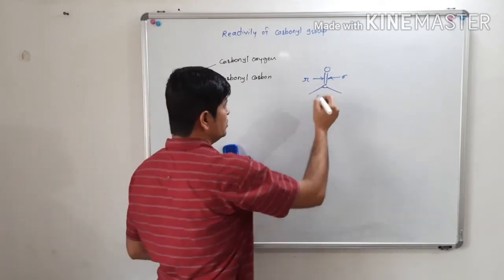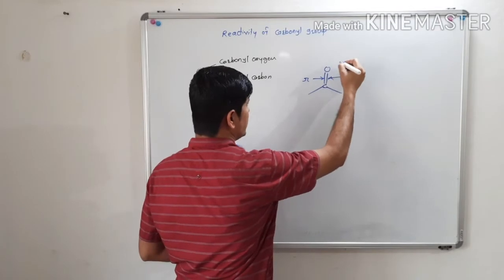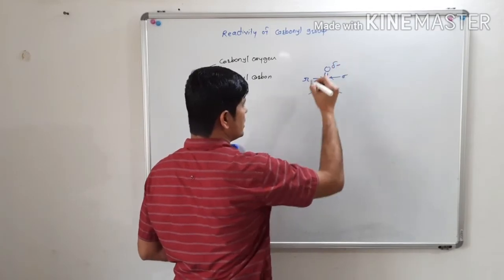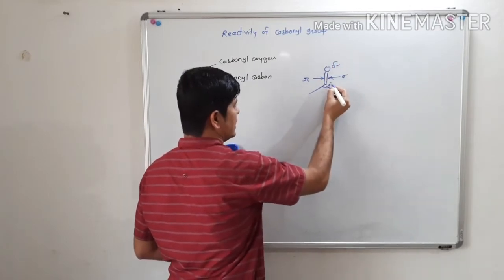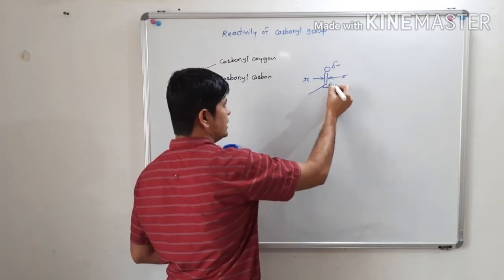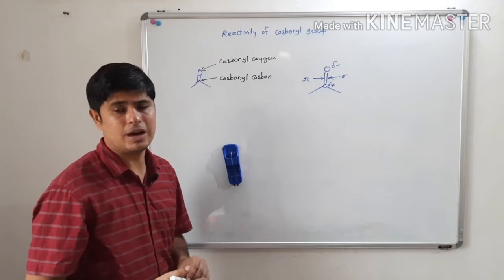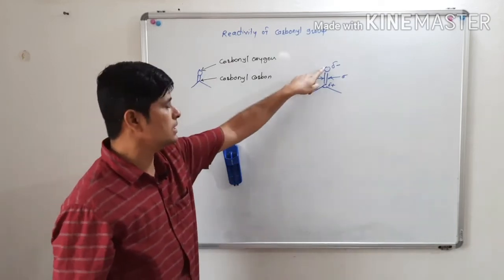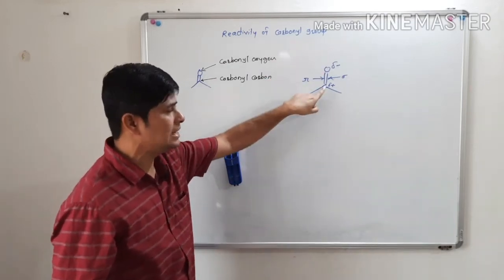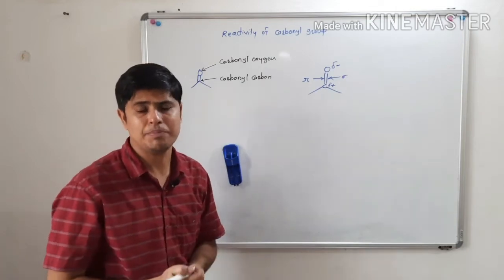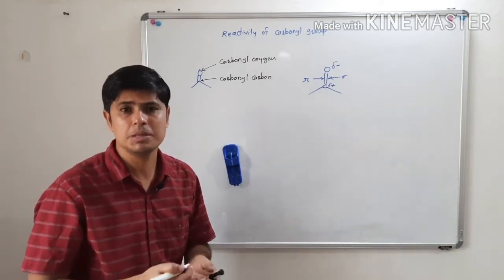Now, about electronegativity: oxygen is more electronegative than carbon. Hence oxygen has a delta negative charge while carbon has a delta positive charge. Why is it so? Because oxygen is more electronegative than carbon. What is meant by electronegative?